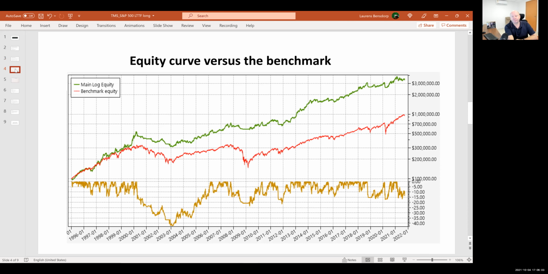So here's the equity curve of the system, and we see the green line, which is the equity curve of the system that we have developed. And we clearly see that there's a nice and great outperformance during the beginning from 1995. It kind of was on the same level. It then kind of skyrocketed, what happens very often during that big dot-com bull market.